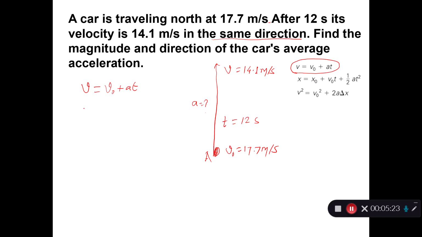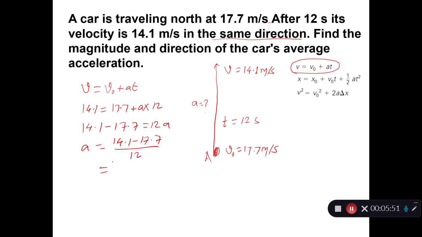So substitute the values: v is 14.1, equal to v naught, which is 17.7, plus a, which is unknown, times t, which is 12. So solve this. 14.1 minus 17.7 is equal to 12 times a. So a is equal to 14.1 minus 17.7 divided by 12.